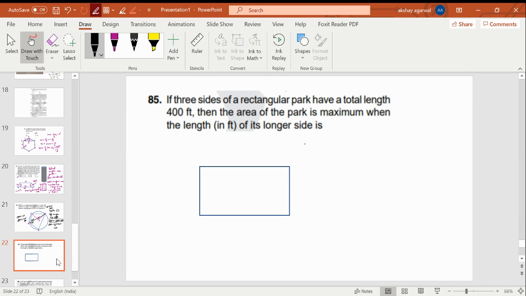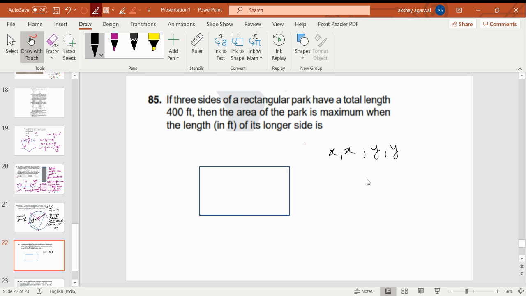If three sides of a rectangular park have a total length of 400 feet, then the area of the park is maximum when the length of its longer side is. Right? Now, first of all, you've been given the sum of three sides. So let us say two sides are x, basically two sides are equal, so two sides would be x and two sides would be y and y.